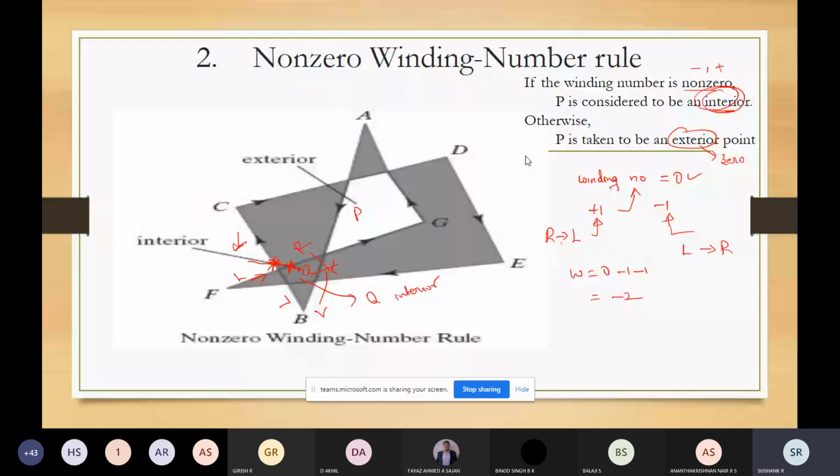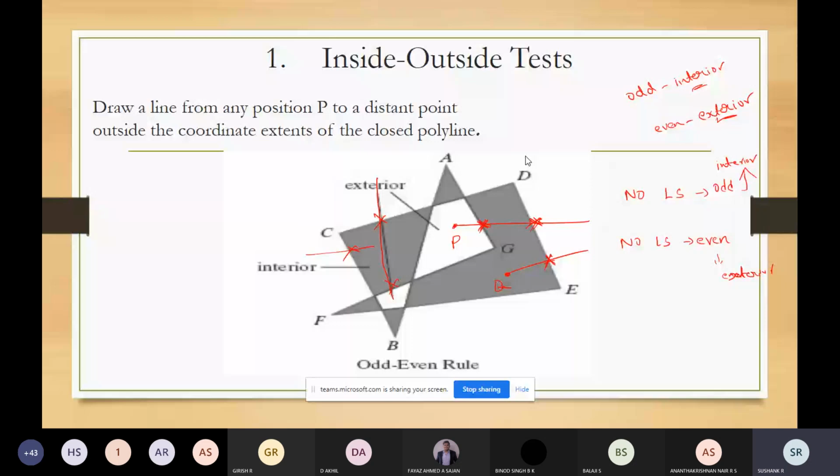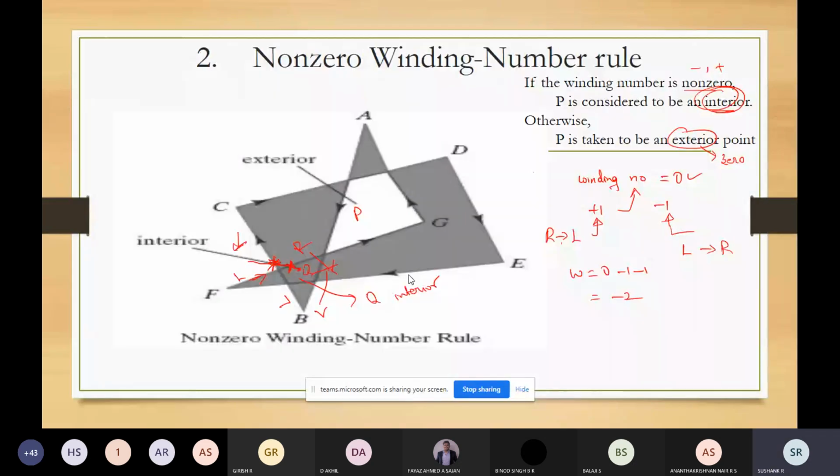So this is the second way to identify, the non-zero winding number rule, and also some variations are there, so you can check that. See this part. In the inside-outside test, this one was determined as exterior, but in the non-zero winding number method, that was determined as interior.